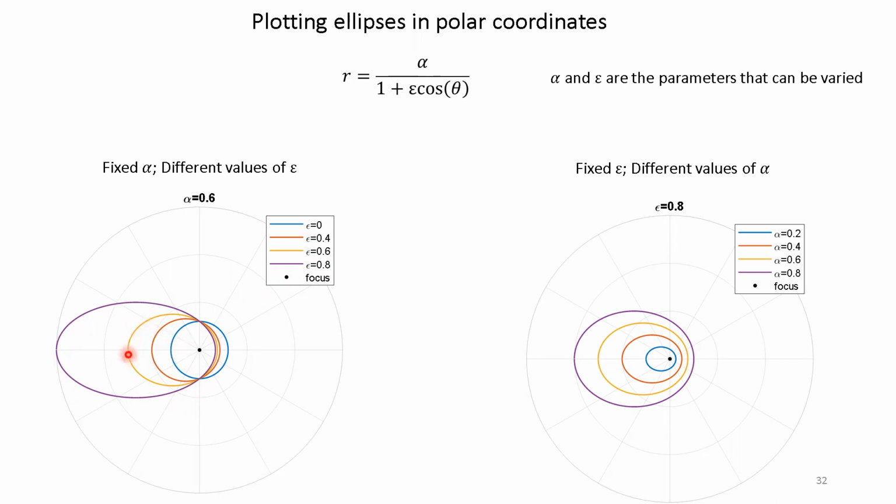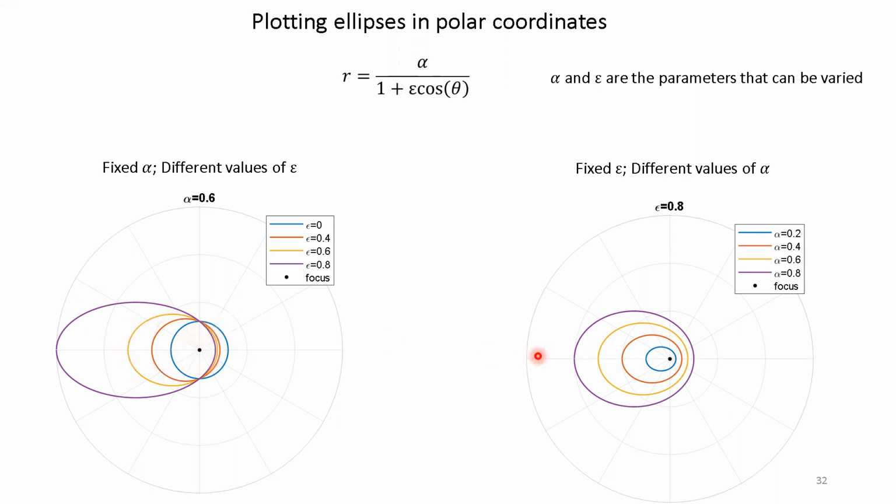You can see that the aspect ratio is getting more and more like an ellipse. But not just that, you can see that it's not centered over here. This is one of the common foci of all the shapes that I'm drawing over here.